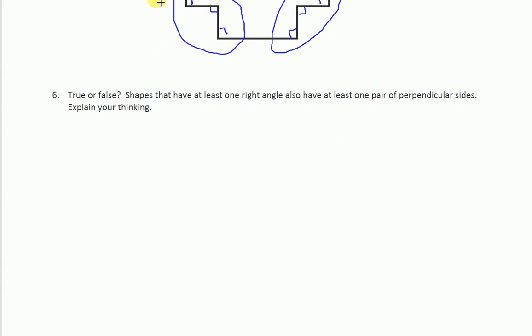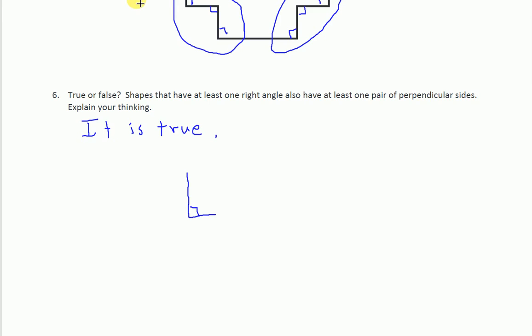All righty. What do you think? It is true. Because if you think about it, if it has a right angle, then it's automatically going to be perpendicular.